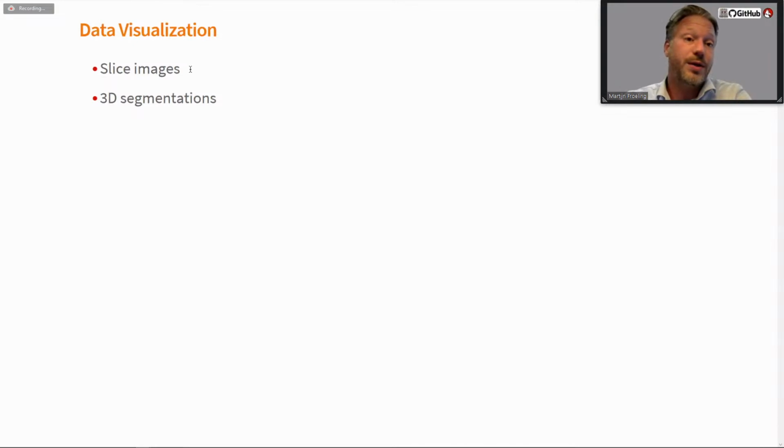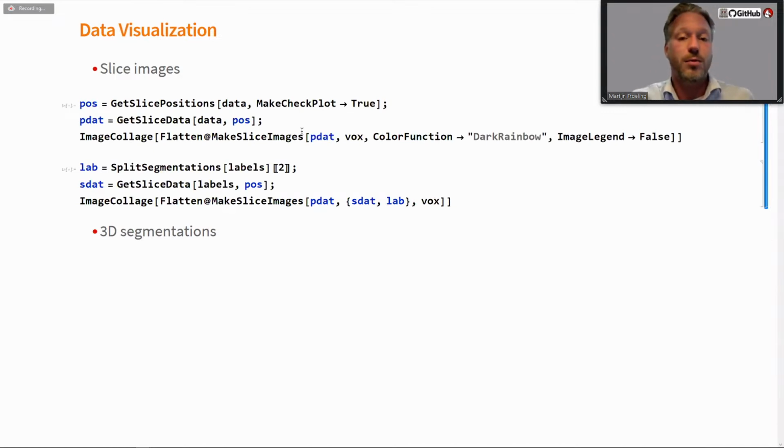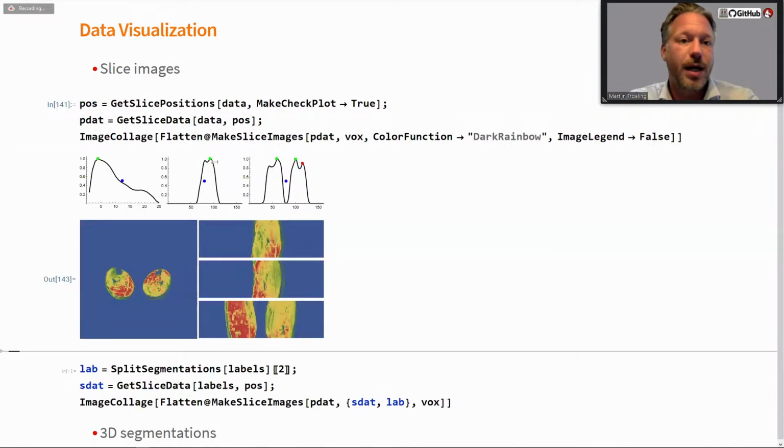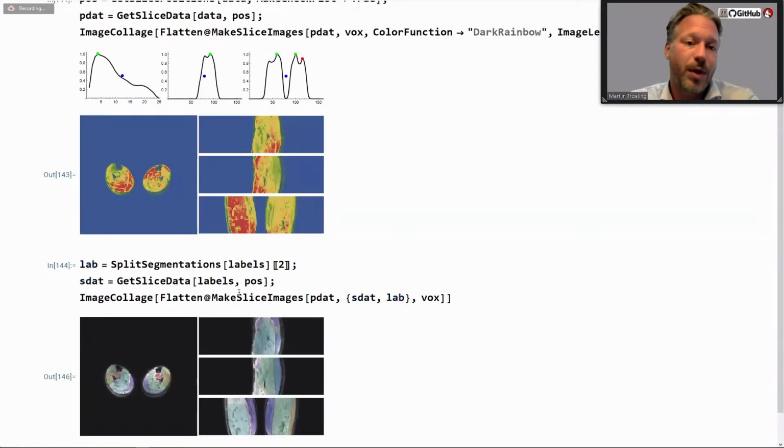So I already talked a bit about data visualization. The interactive things are nice to explore data, but of course, sometimes you also want to automate things. So we have these functions that can automatically find interesting slices in data and then make images out of it with different color bars and imaging legends, or do the same when you have segmentations, overlaying those on images.